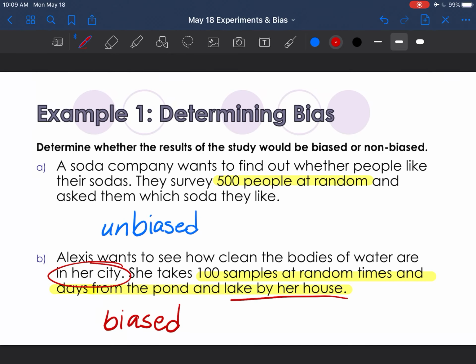Or vice versa. She could live by a place that has a really, really dirty pond and lake, and it wouldn't be representative of the entire Hillsborough County, because she's only getting data from that one place. You have to vary not only when, but also where you're getting your information from, because that can create a bias. So the first one is unbiased, the second one is biased.